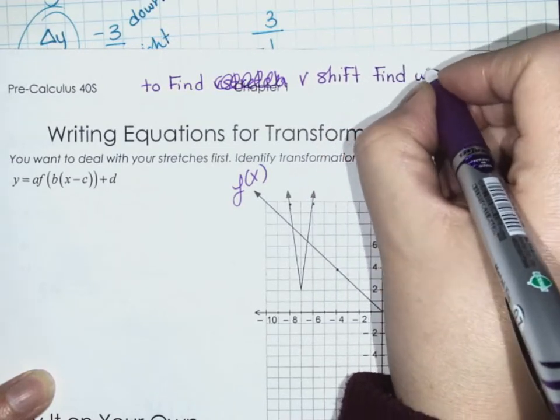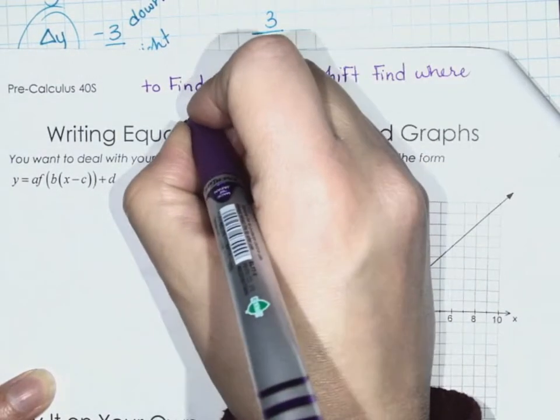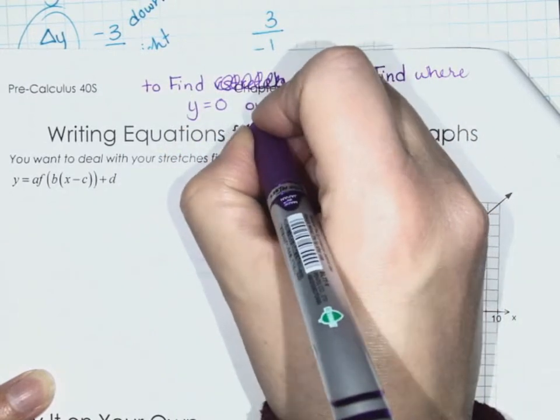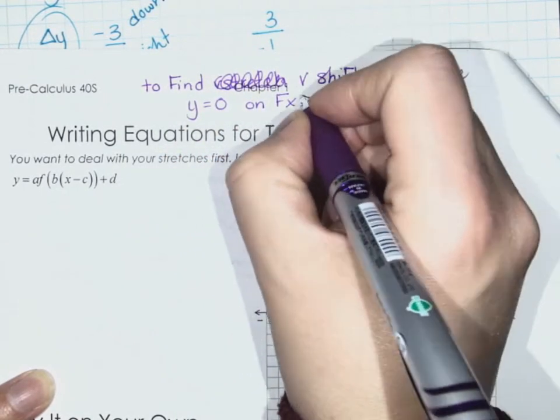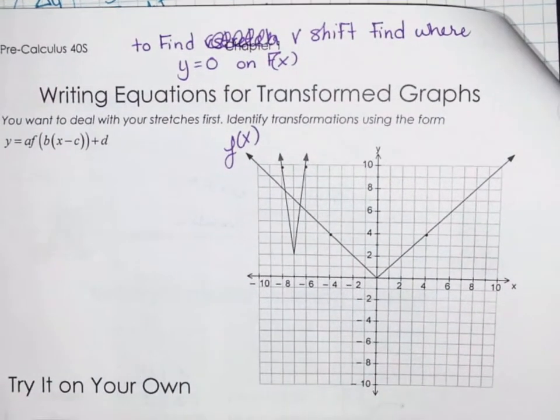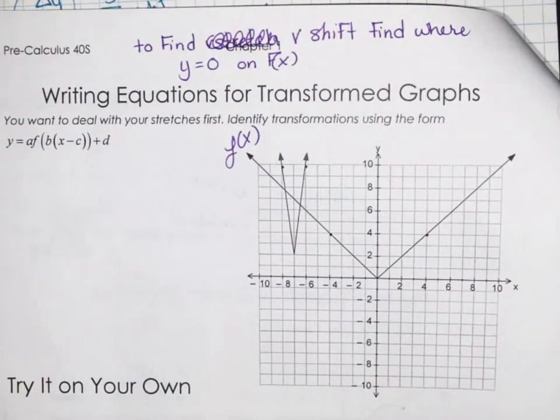Find where y equals 0 on f of x, because a vertical shift is going to be applied to the y's. Right? Yes? Everybody with me? Okay, we're just going to have to trust me for a few minutes and hope that my explanations are good.